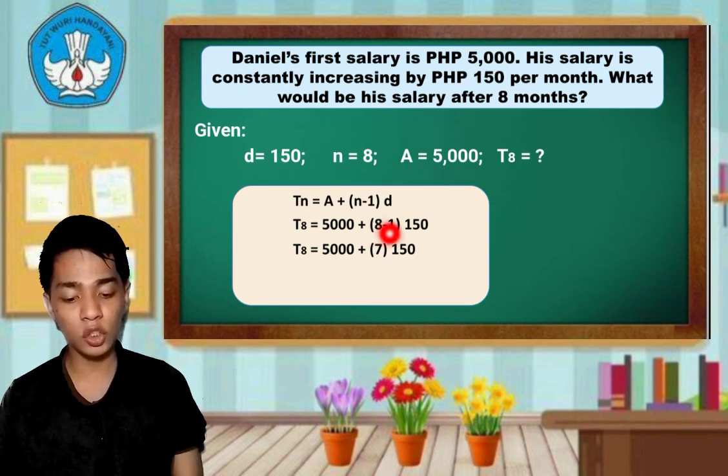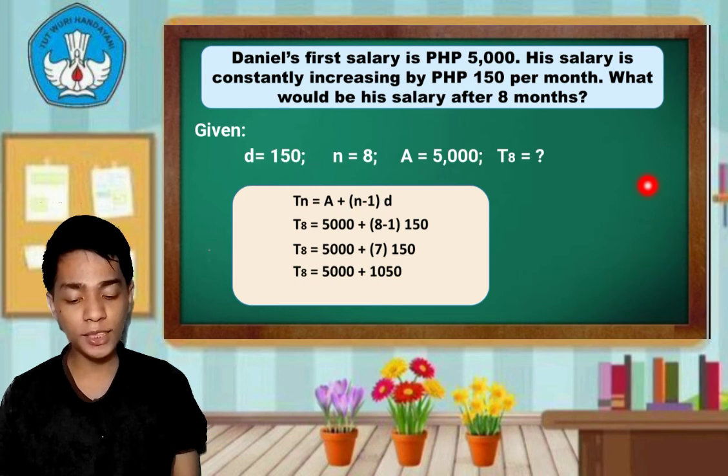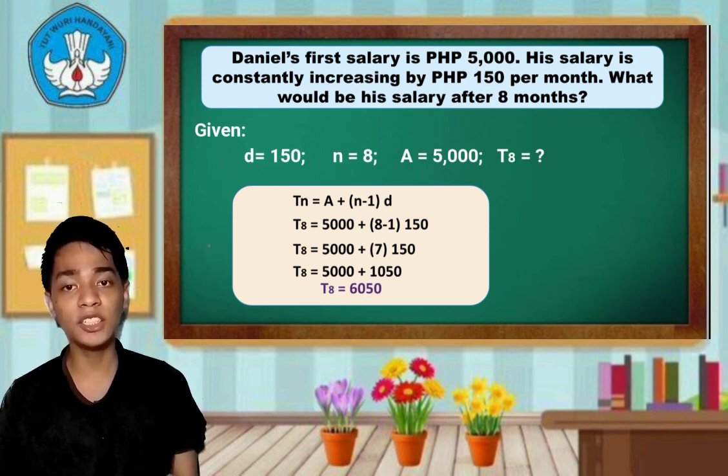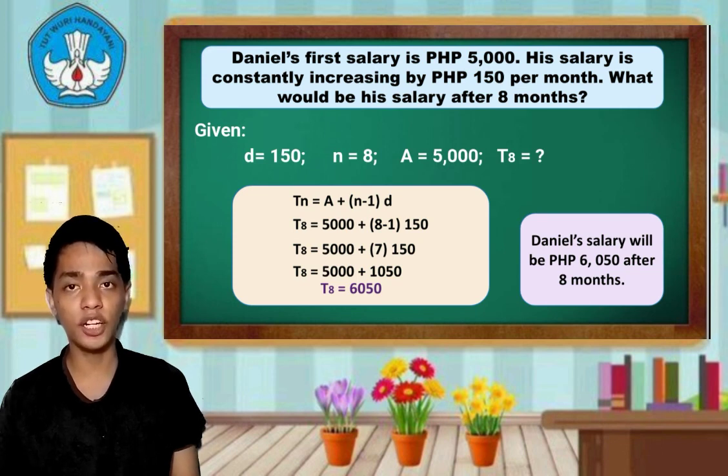So we have 8 minus 1, that is 7, times 150 plus 5,000. So T sub 8 now is equal to 5,000 plus 7 times 150, that is 1,050. So 5,000 plus 1,050, the result is 6,050. Therefore, the answer in this problem is 6,050 pesos. Daniel's salary will be 6,050 pesos after 8 months.